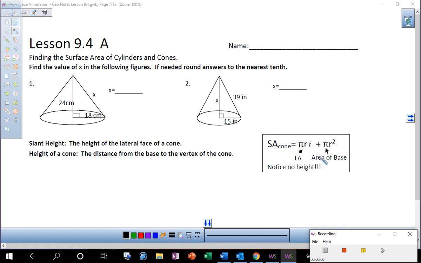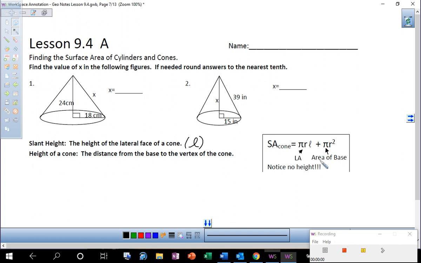So for our cones, similar to the pyramid, we actually need the slant height, which is represented by that cursive L. Okay, so we need our slant height, which is the lateral face of the cone, compared to actually needing the height.